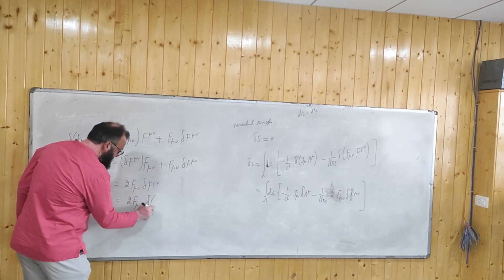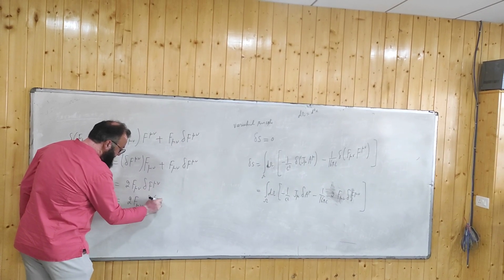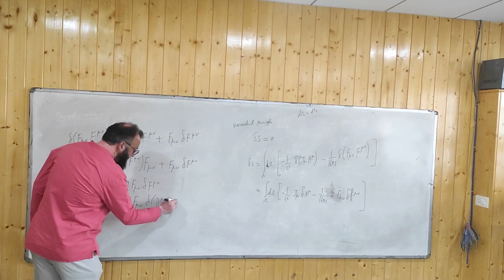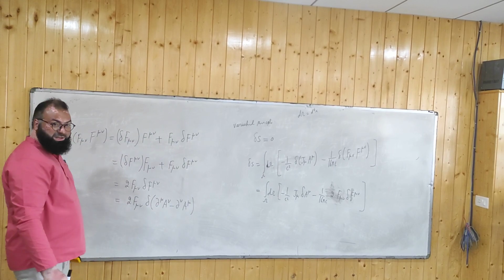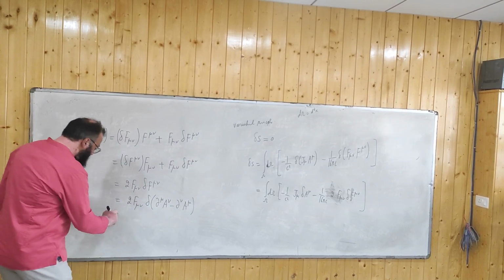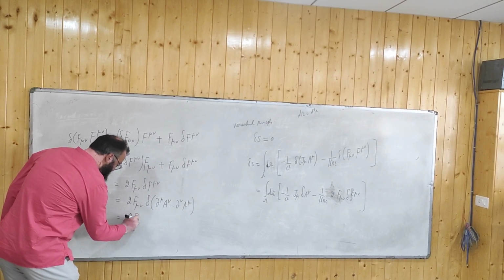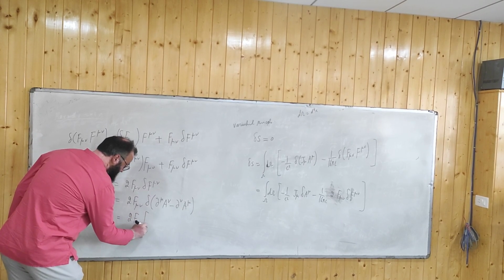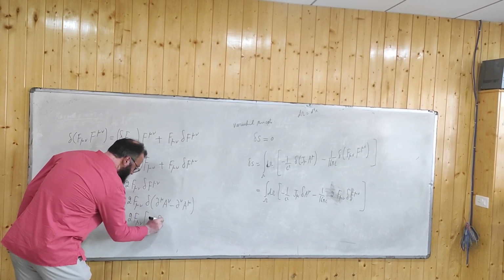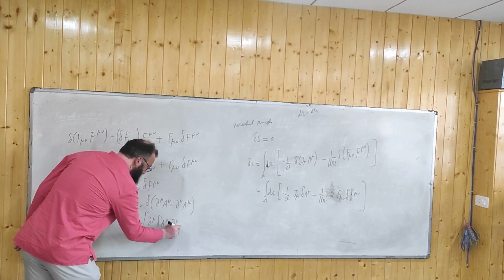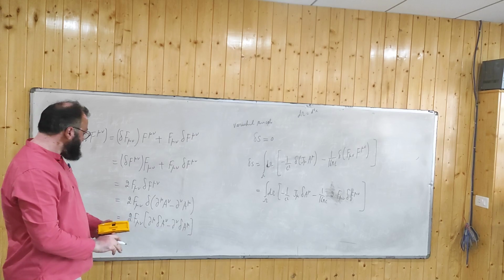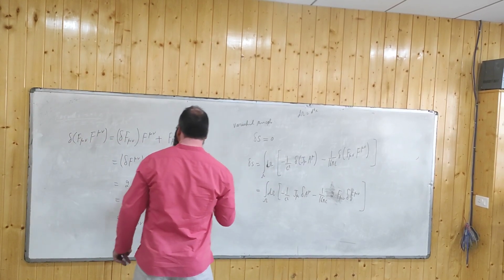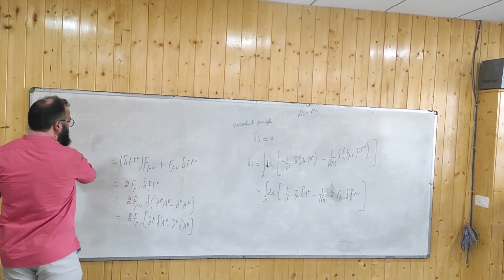Now what is this delta f? What is this f mu nu? Partial mu a nu minus partial nu a mu. Clear? True? So I can write twice f mu nu. So let's write partial mu variation in a nu minus partial nu variation in a mu.